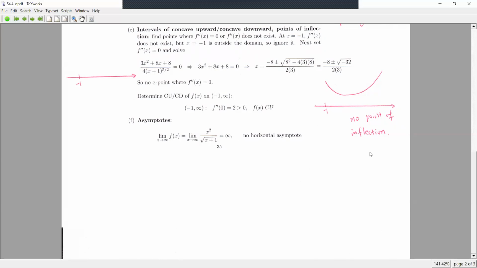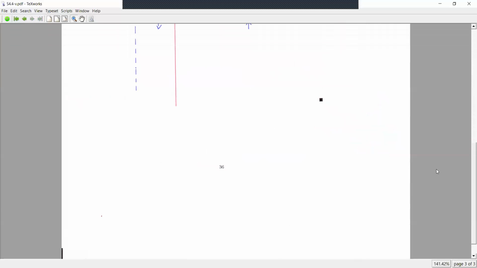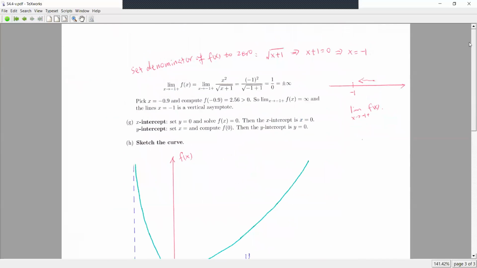Okay, now let's find vertical asymptotes. A vertical asymptote can only appear at a point where the denominator is 0, because only when the denominator is 0, the function value is likely to be infinity.